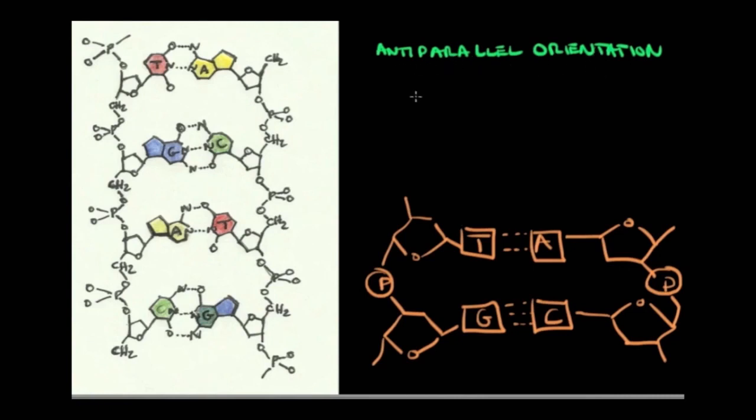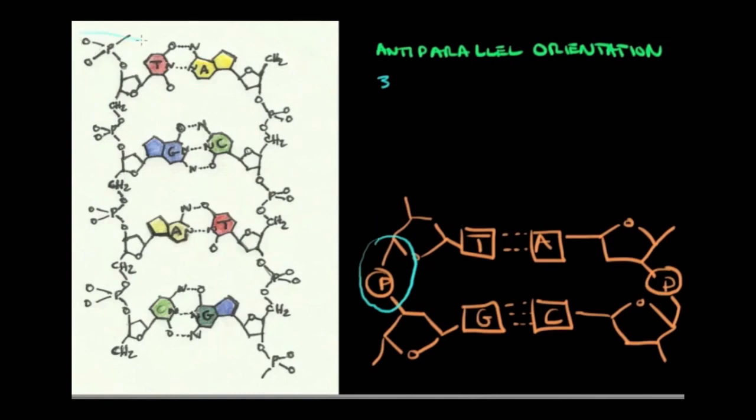So antiparallel orientation means that you are going to find the phosphodiester bonds that I just explained in the nucleic acids tutorial, the ones you find here between the pentoses, or the nucleotides that bind. These are the bonds that are binding the nucleotides on this side of the ladder.